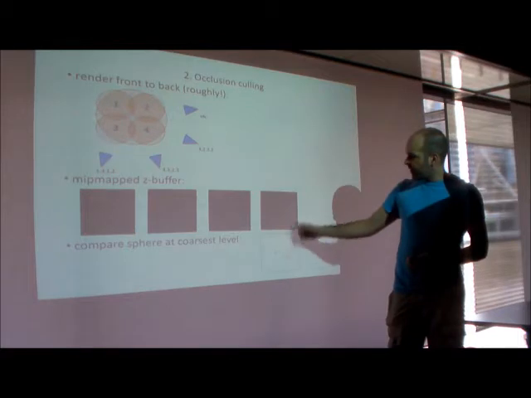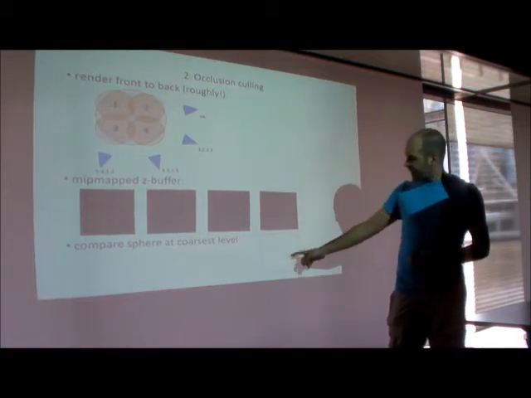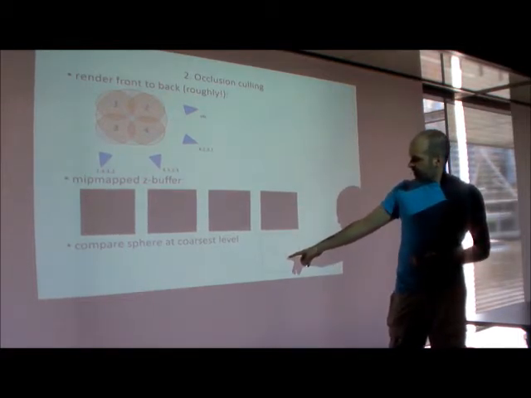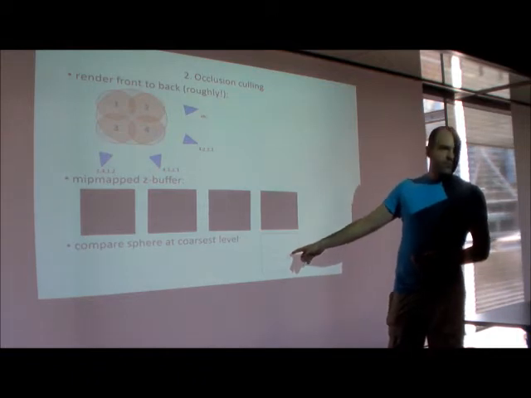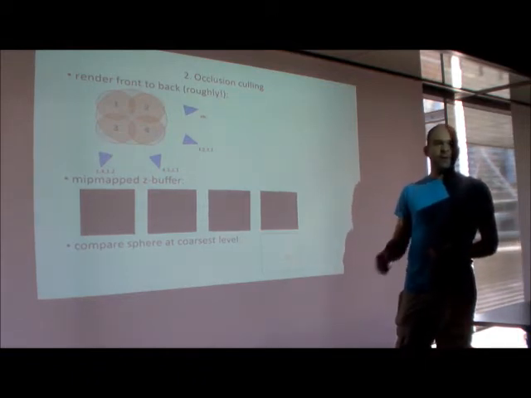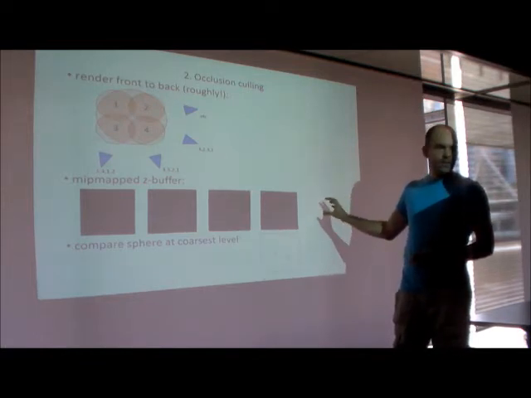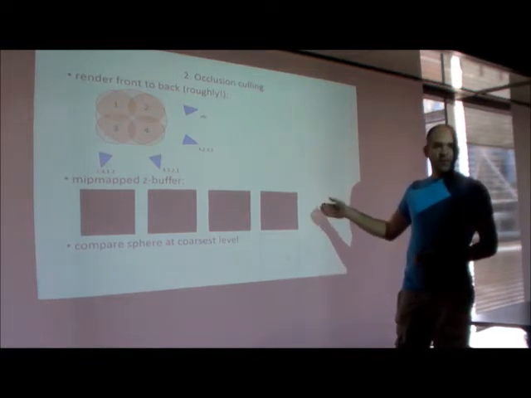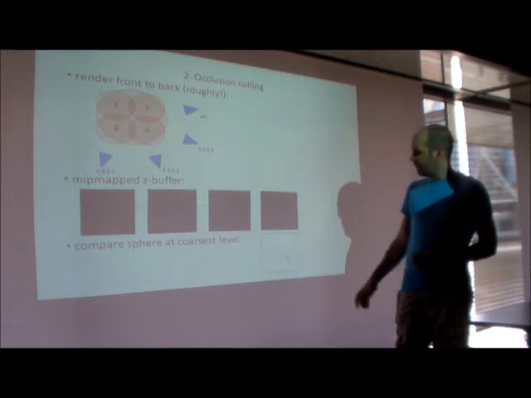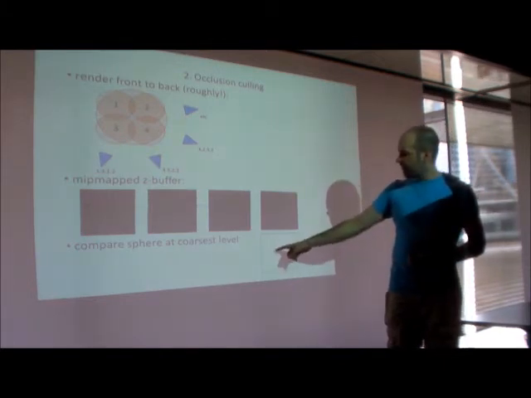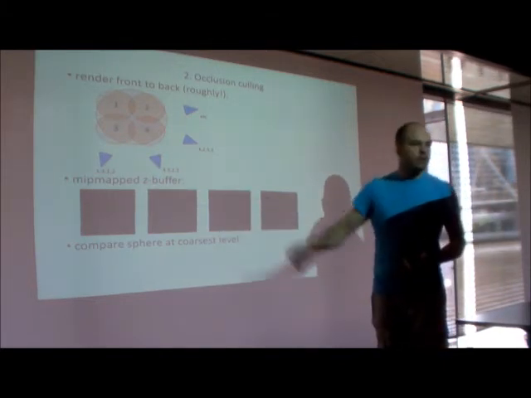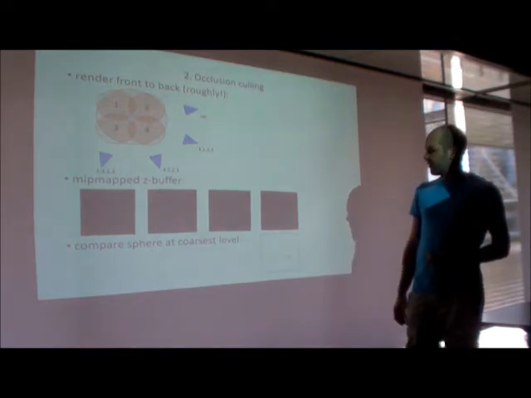And if it's behind these pixels, then you can exclude it and you don't have to iterate through any of its children. So that's the way that you can occlude entire mountains if your lowest level Z buffers are closer than the mountain. And if you've got a smaller sphere, then you've got to check it against one of the higher resolution Z buffers. Like that.